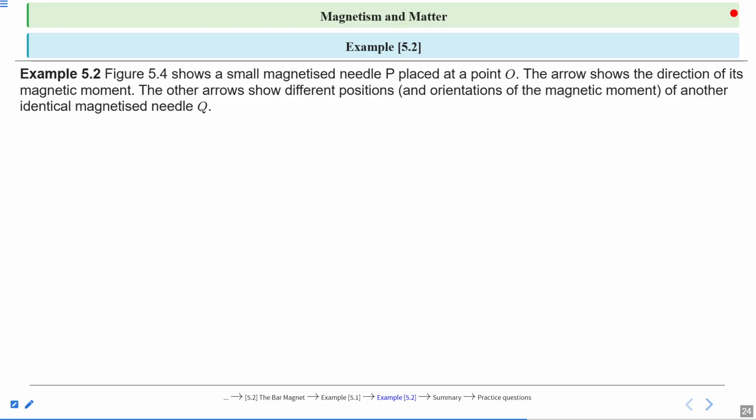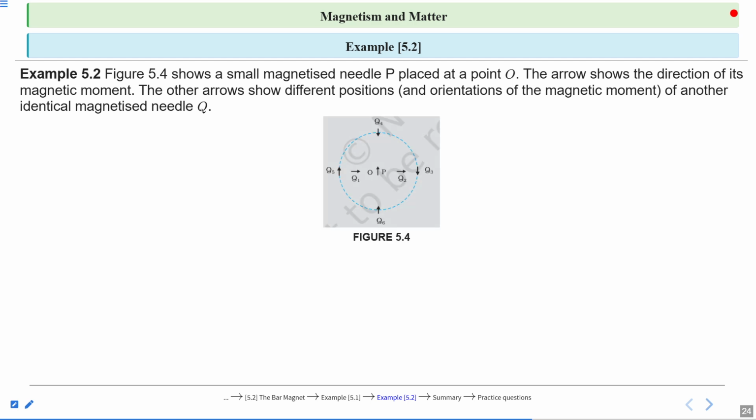Now example 5.2. Figure 5.4 shows a small magnetized needle P placed at a point O. The arrow shows the direction of its magnetic moment. The other arrows show different positions and orientations of the magnetic moment of identical magnetized needles Q. So this is the diagram.